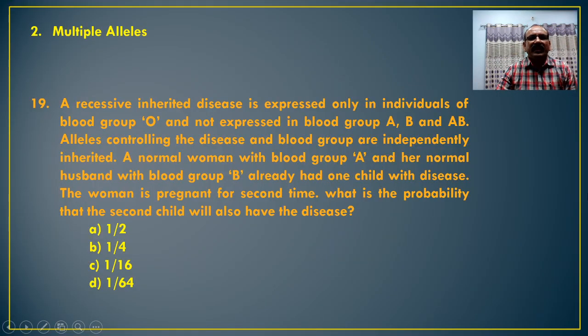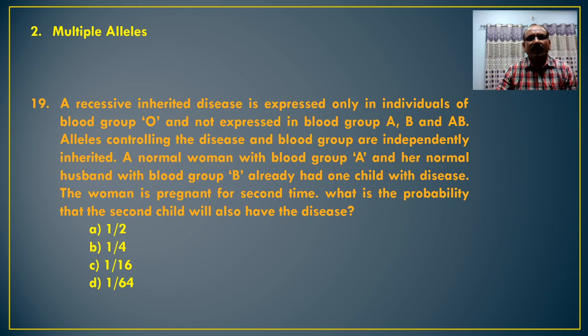The recessive inherited disease is expressed only in individuals of blood group O and not expressed in blood group A, B and AB. Alleles controlling the disease and blood group are independently inherited.